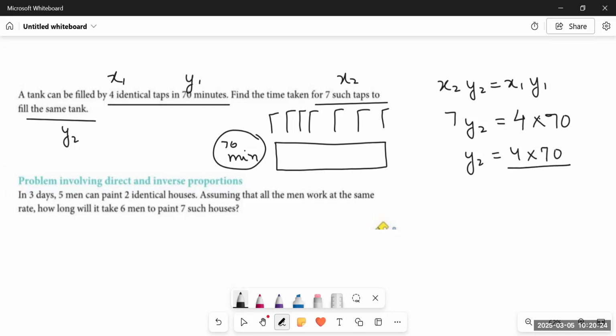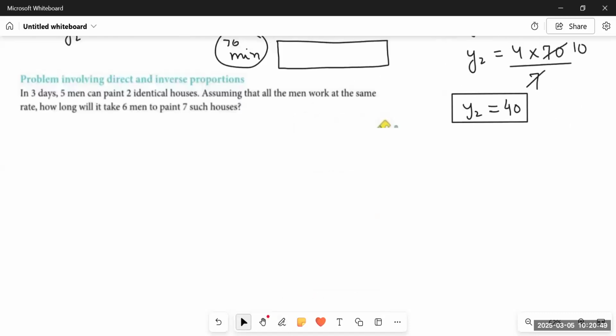You could multiply it, but I can simplify 70 with 7, so I'll not multiply 4 with 70. 7 ones are 7, 7 tens are 70, 4 tens are 40. It means it will only take 40 minutes to fill up the same tank if the taps are increased from 4 to 7. That's it.